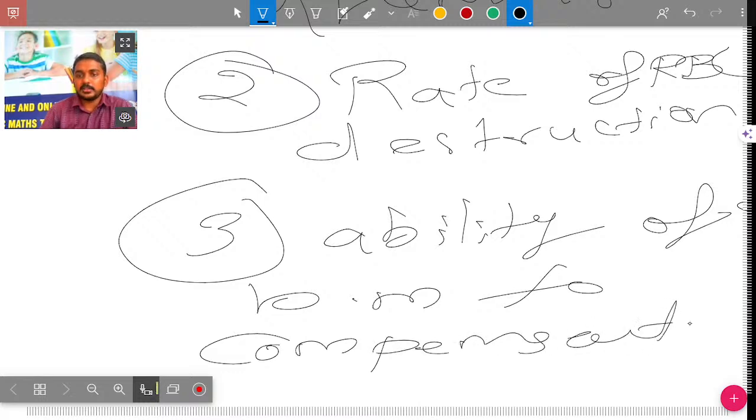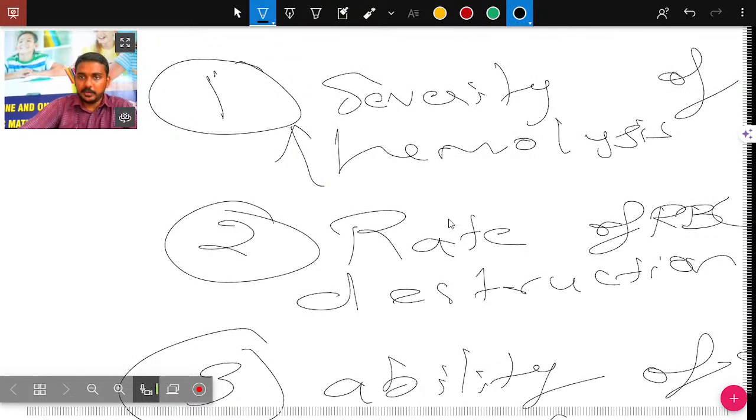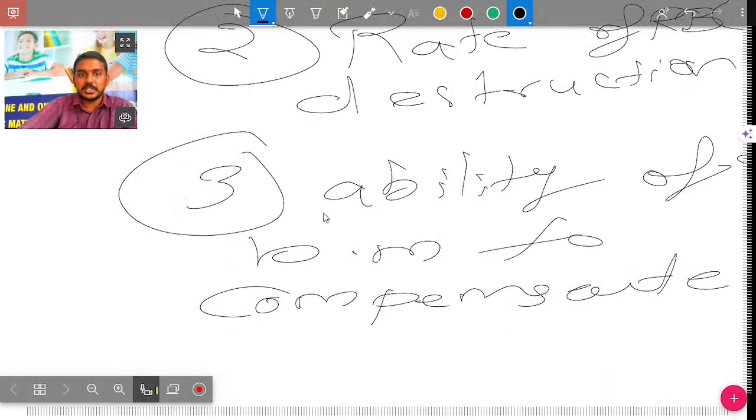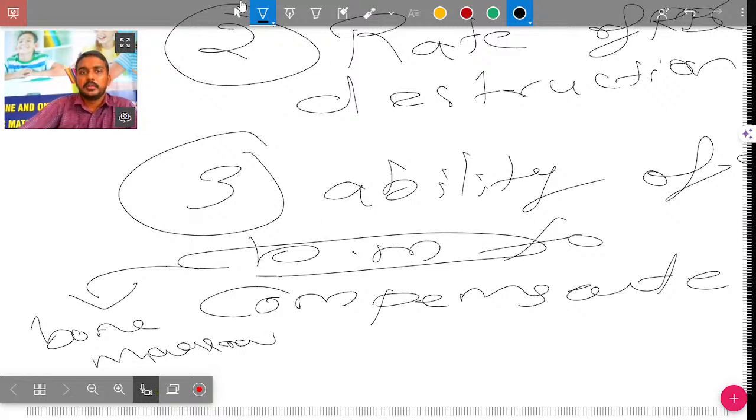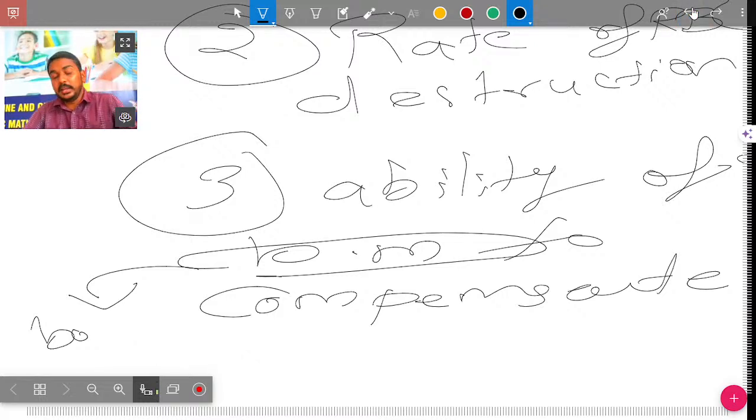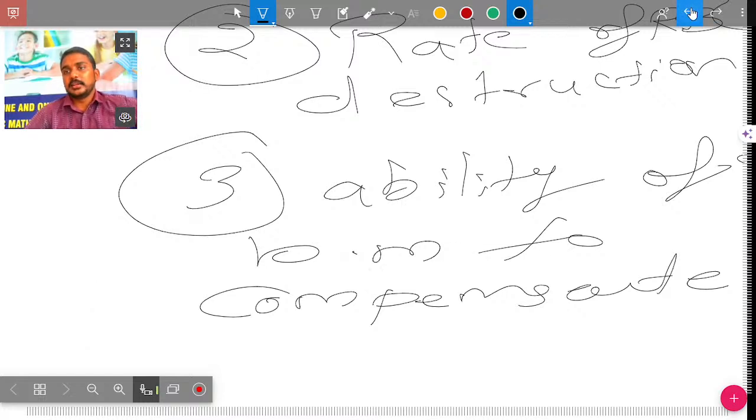So three factors I told now: severity of hemolysis, rate of RBC destruction, and third one, ability of bone marrow. These are the three main important factors which determine the clinical features and their intensity. Okay, so that's it.